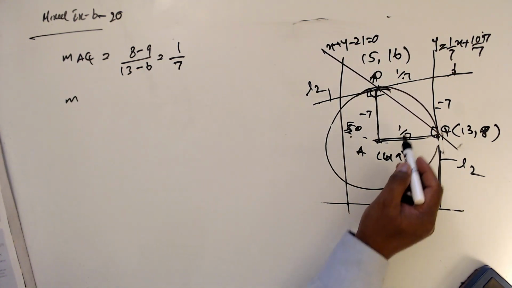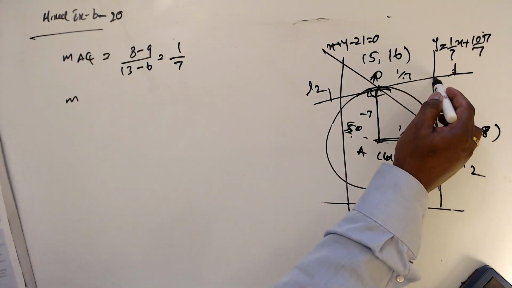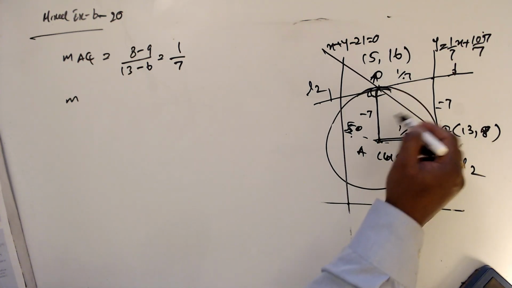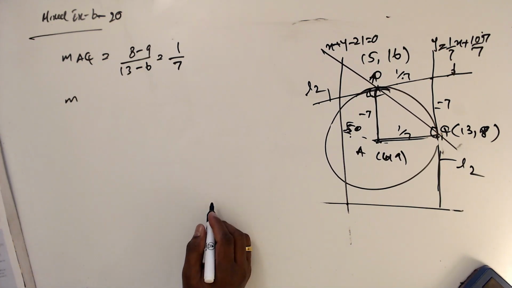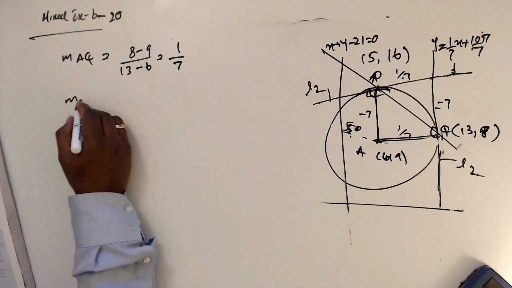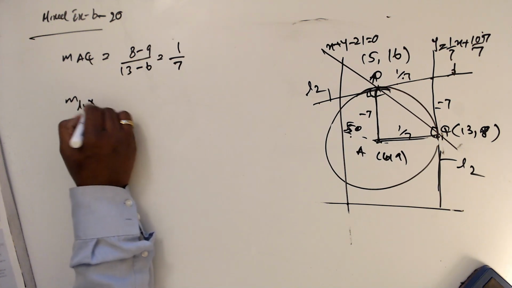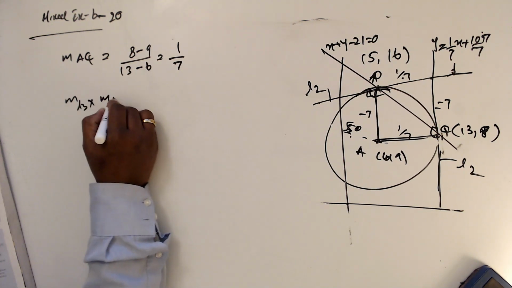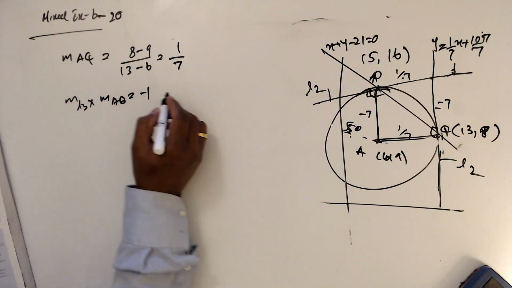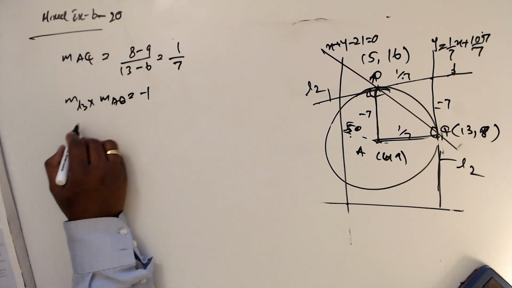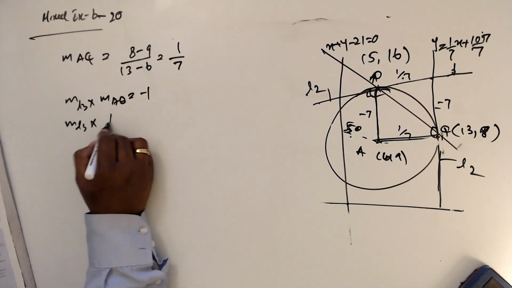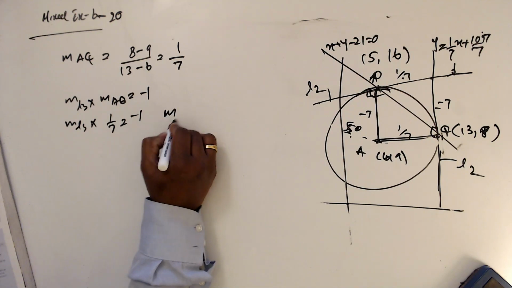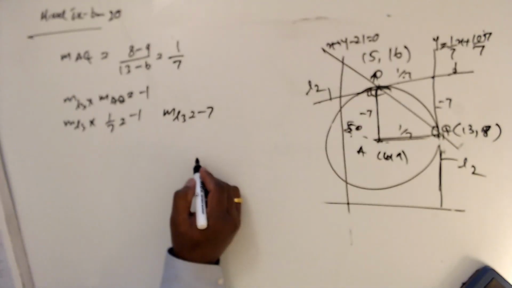Now you can see that this is going to be a square again. The gradient of L3 times the gradient of AQ equals minus 1, so the gradient of L3 times minus 1 over 7 equals minus 1, so the gradient of L3 equals 7.